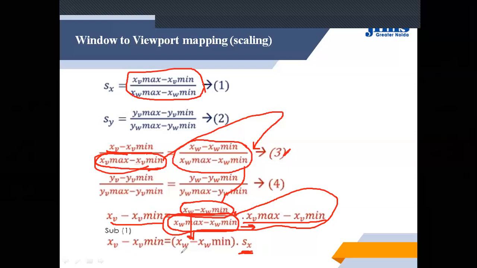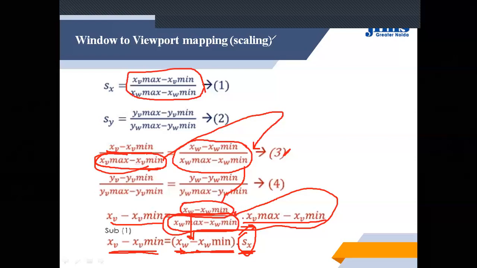You can see from here that for the window and viewport the value is the same over here, only I am multiplying this value, that is the distance of the window point to the xw minimum, meaning the minimum coordinate of the window, into sx, the scaling factor in x, and this corresponds to xv minus xv min.